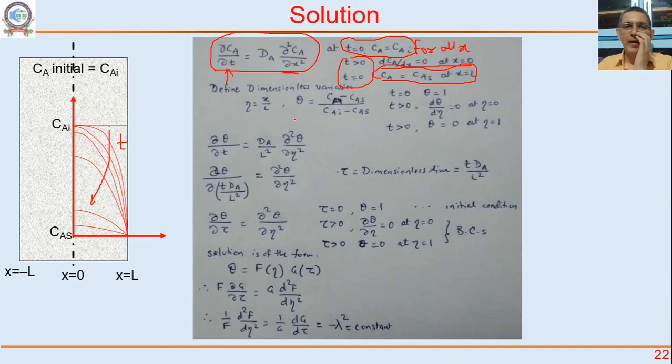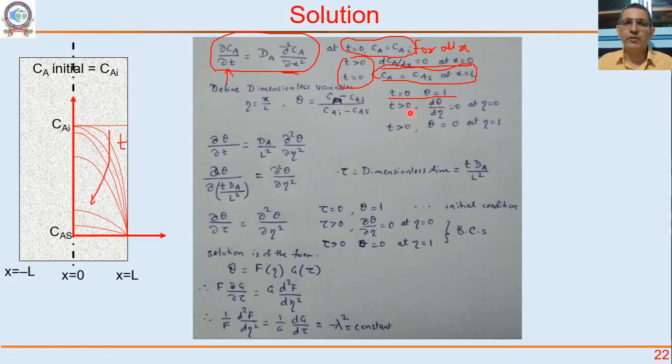Okay. Let's make this equation dimensionless. Let's define eta as x by L. Theta is equal to (Ca minus Cas) divided by (Cai minus Cas). So our initial condition would become t equal to 0, theta equal to 1, since Ca is Cai.